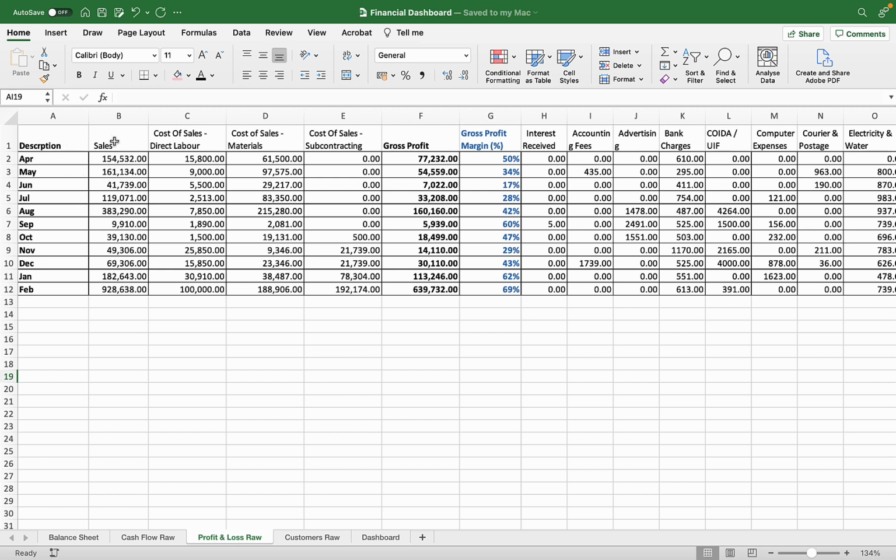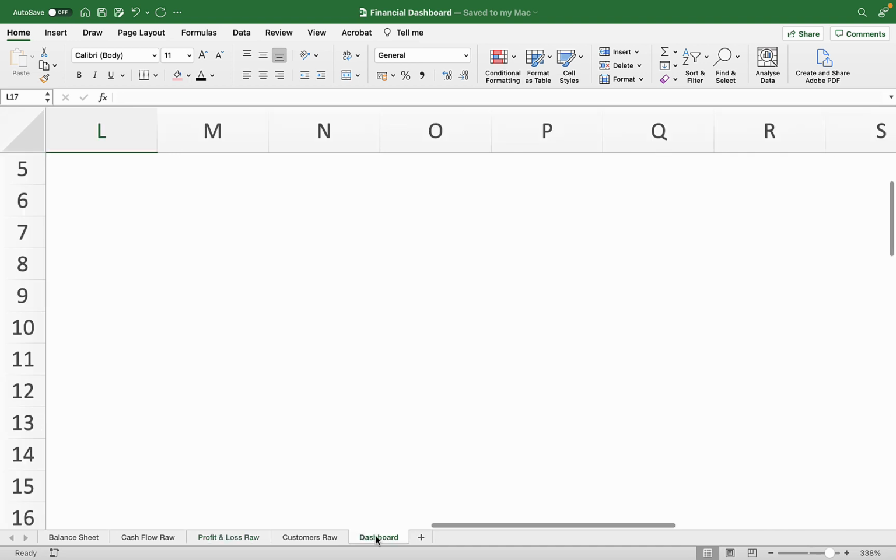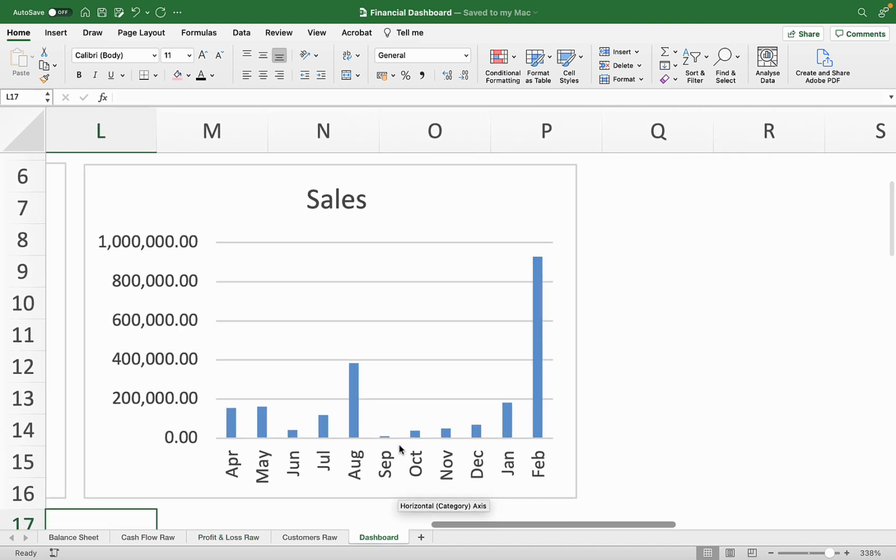So we're taking this over here, the sales numbers, and we're showing it in the dashboard. And when we have a look at it, you can see the sales figure, and you can see very clearly February is much bigger than August, and August is bigger than the rest of them. The graphic is allowing you to take the numbers and see it in a picture format.